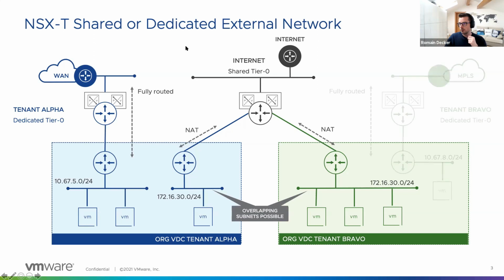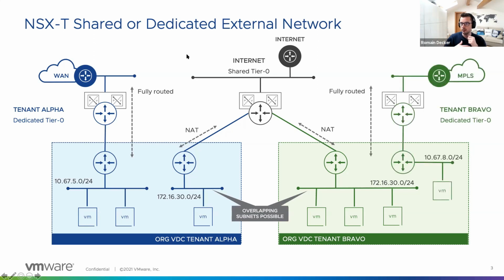The caveat was that you had to dedicate a complete T0 to an edge gateway. That introduced a scale issue, because a single NSX edge node can have a maximum of one T0 running in it, and we have a maximum of 320 edge nodes in NSX-T, if I remember correctly.